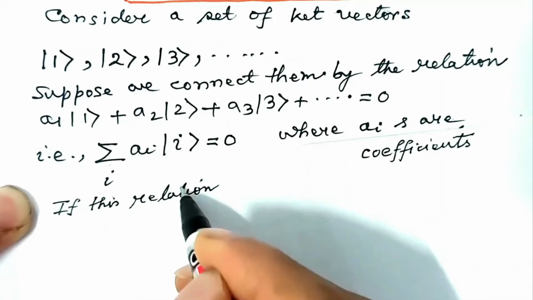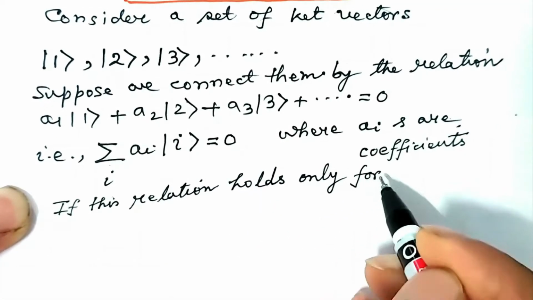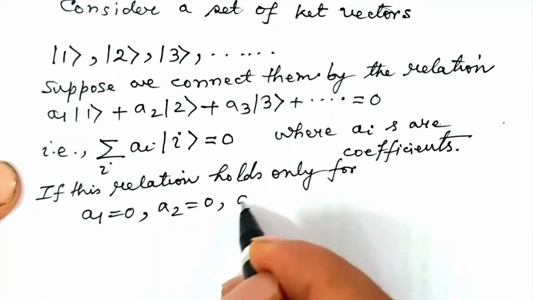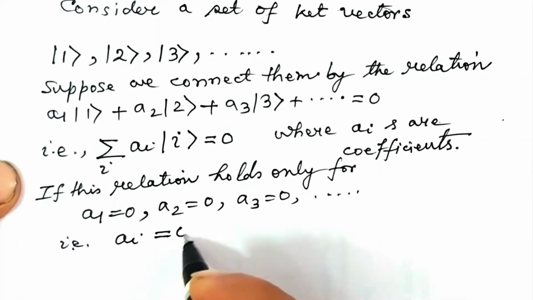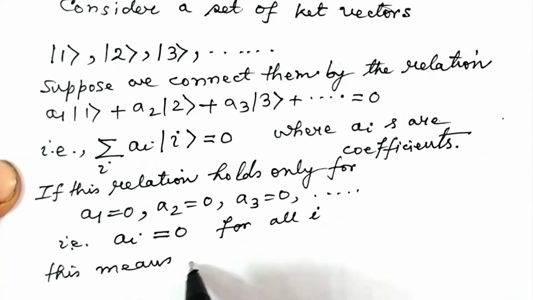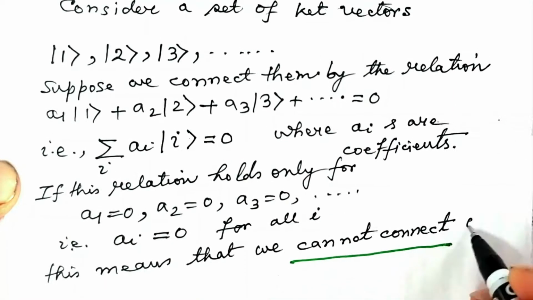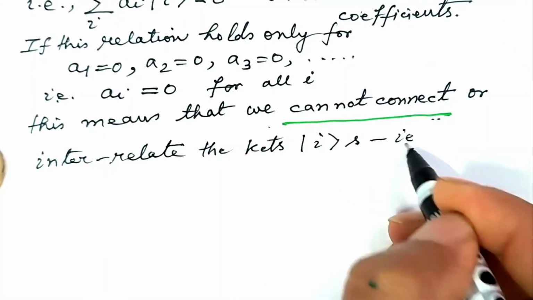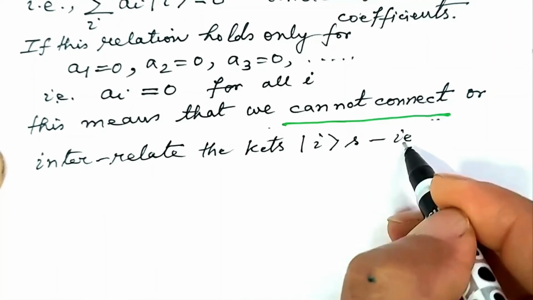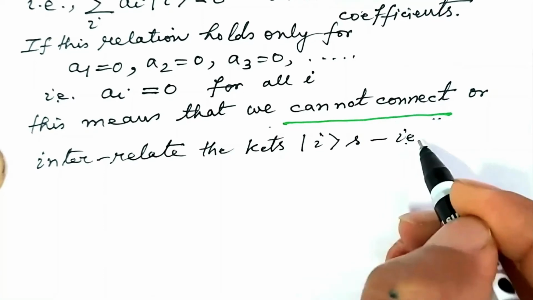If this relation holds only for A1 equal to 0, A2 equal to 0, A3 equal to 0 and so on, that is Ai equal to 0 for all i, this means that we cannot connect or interrelate the Ket i's. That is, we fail to establish a connection or link between the Kets, Ket1, Ket2, Ket3, etc.